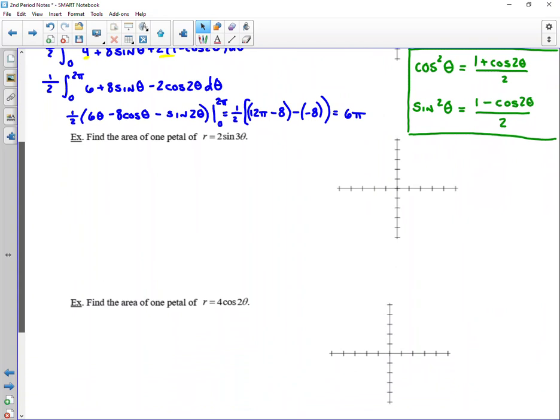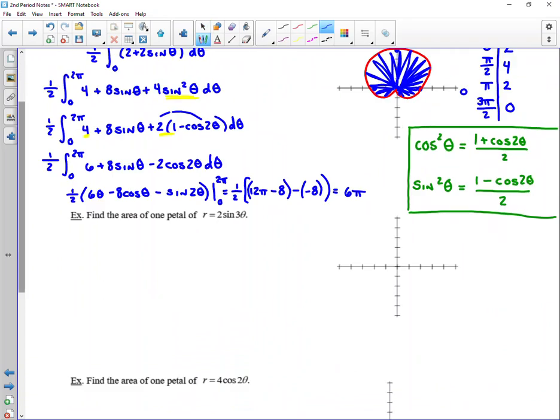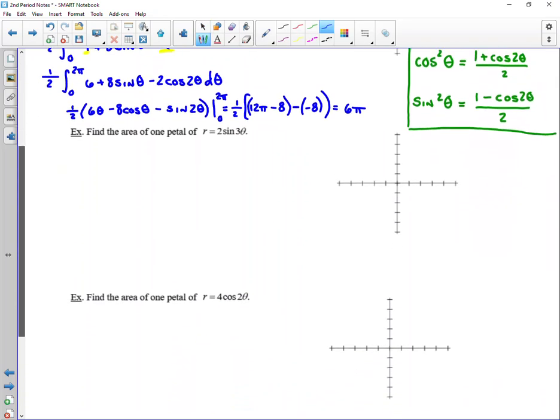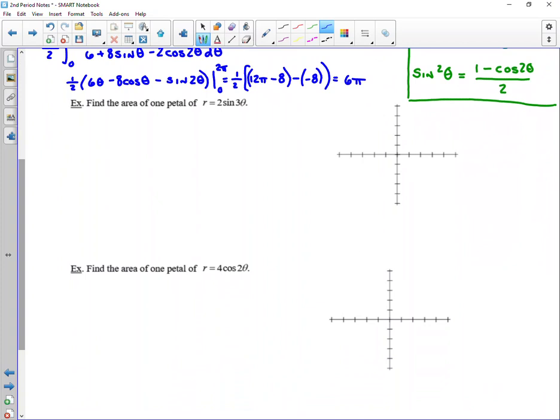So there's 2. Yeah, but how do we do that all the time for every rose that we have?